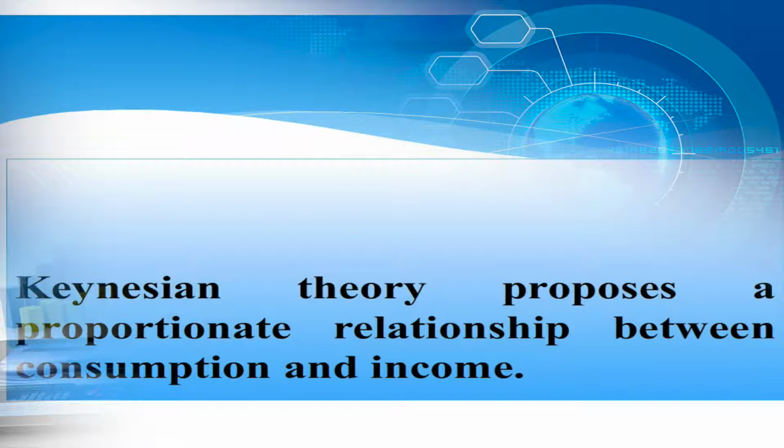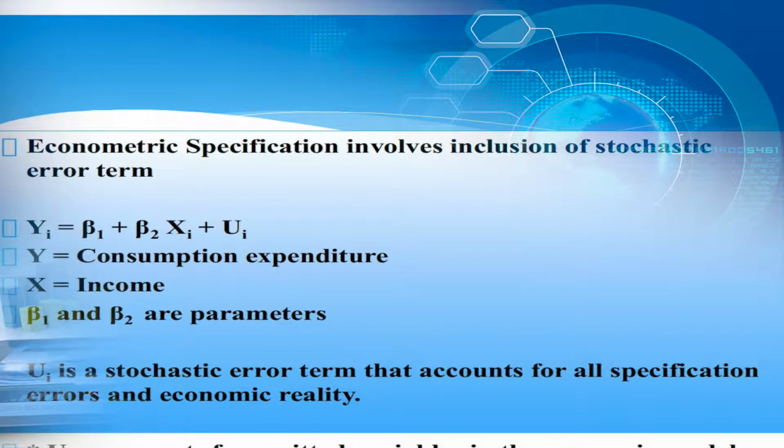But in our case, the theory proposes a proportionate relationship between the regressor and regressand, namely income and consumption. So, we may specify the regression model as shown, where u_i accounts for omitted variables in the economic model, wrong functional form and random behavior of economic agents. After the specification of the model, we will include the conditions on the signs and magnitude of the coefficients.